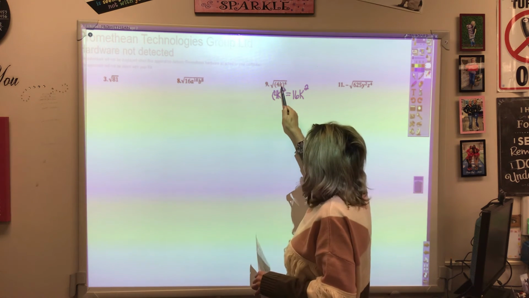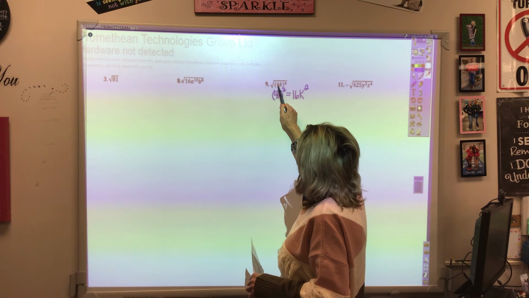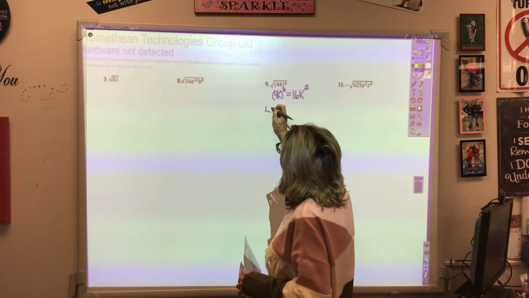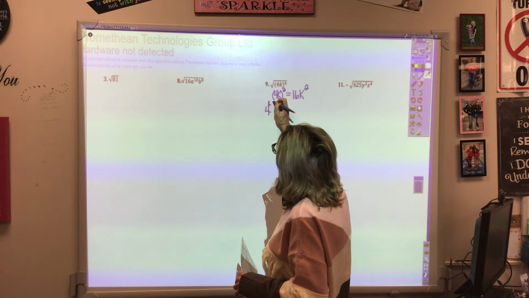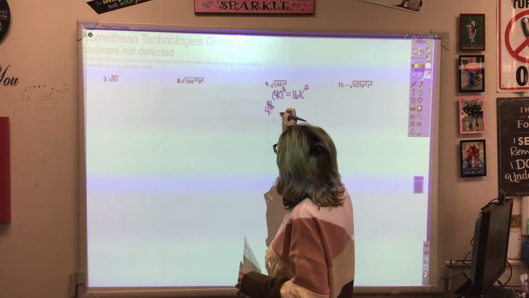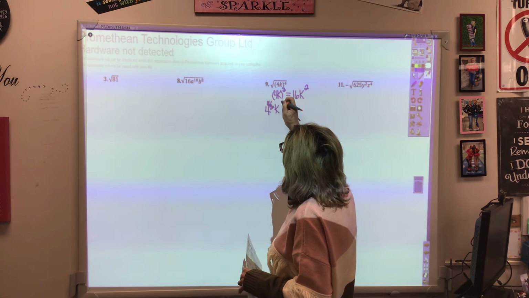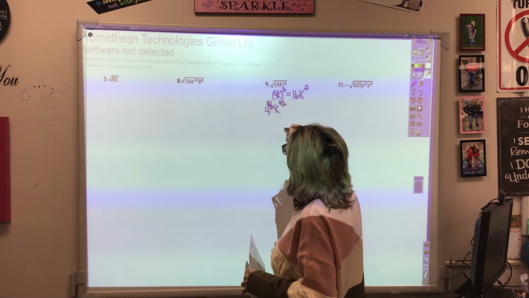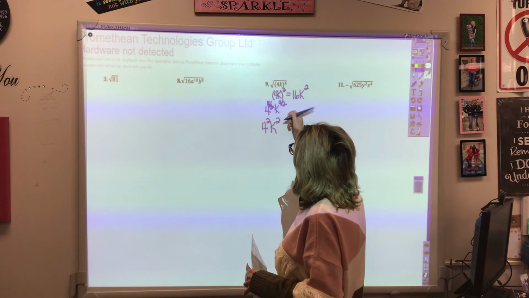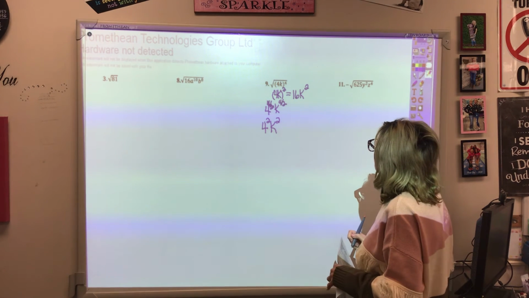If you want to do 4 to the 4th, that's supposed to be a 4, divided by 2, and k to the 4th divided by 2, you might see that easier as 4 squared k squared, which is 16k squared.